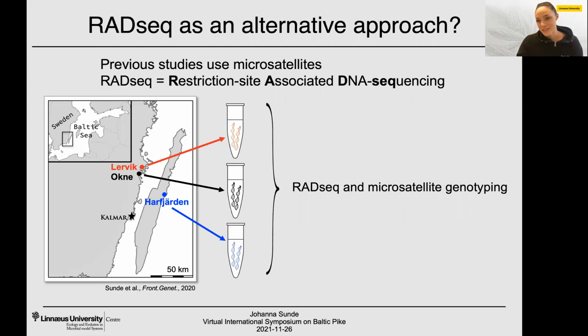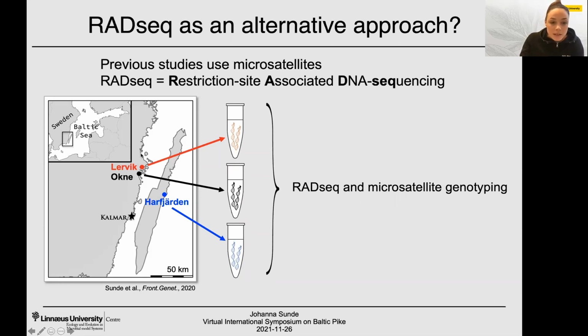However, before we did this on a really large scale, we wanted to see if it looked like a promising method for our system. So we started with a pilot study with 3 populations that we know from previous microsatellite studies are differentiated and differ with regard to levels of differentiation.